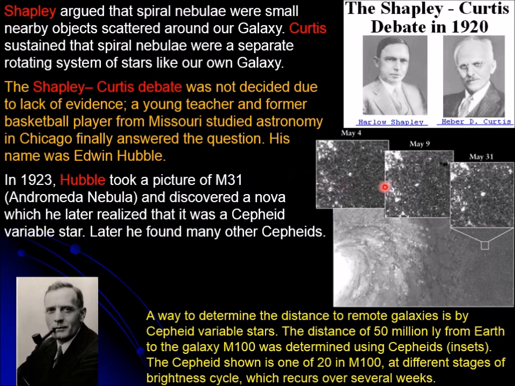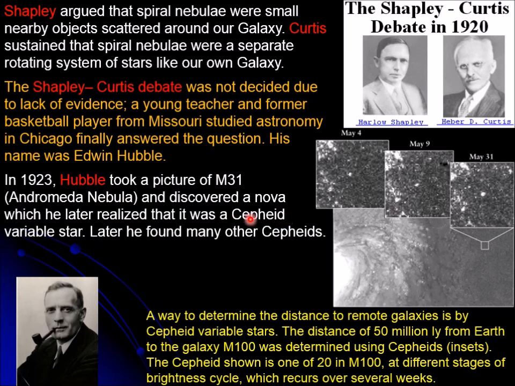It was increasing in magnitude in a periodic way. So it was a Cepheid, and it turns out that at the time there was a study being conducted that related the period of oscillation of Cepheids with their luminosity.